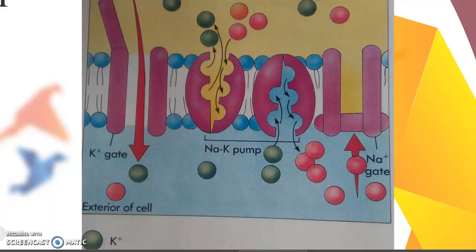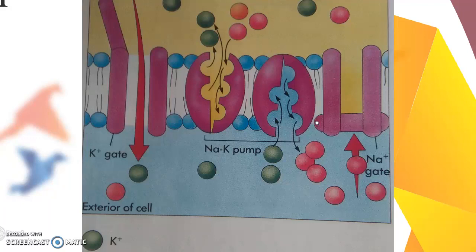But when we get any external stimuli, the cell membrane changes, there is a disturbance in the cell membrane. So we have 2 gates here. We have a sodium gate and a potassium gate. In the normal state, neither sodium nor potassium can pass in the other direction.